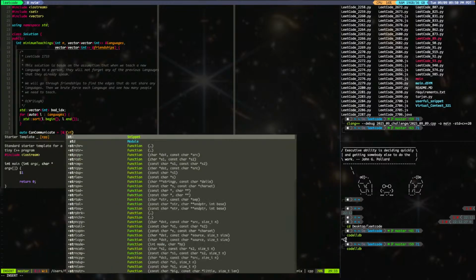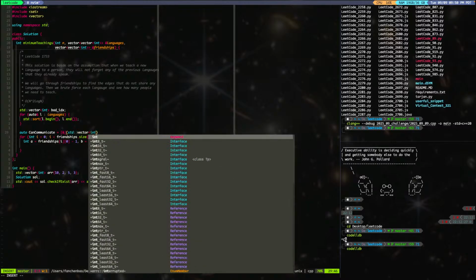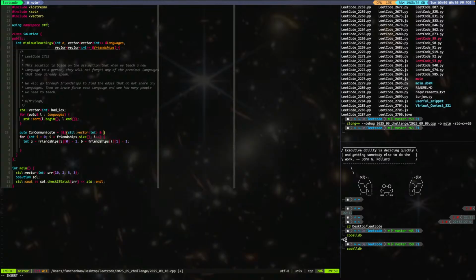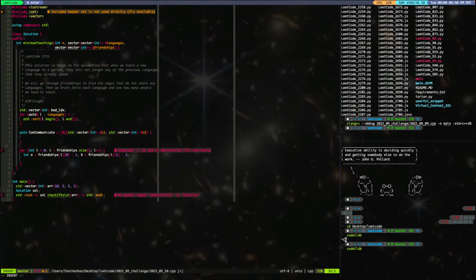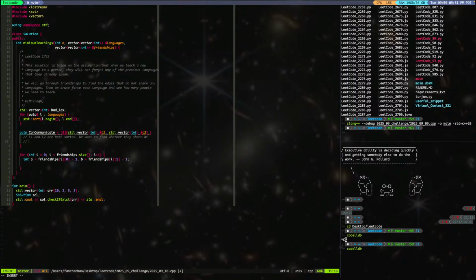So what we need is std::vector<int> L1, vector<int> L2, right? L1 and L2 are both sorted, and we want to find whether they share at least one common element.